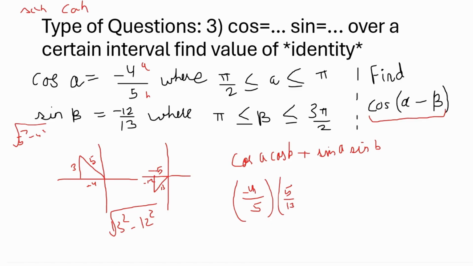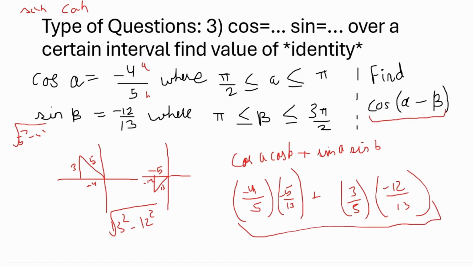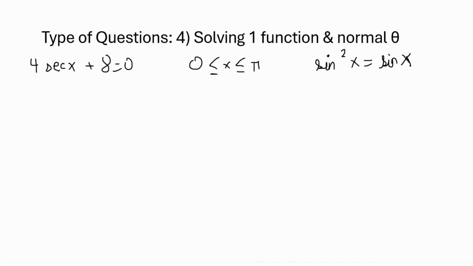Sorry, this is supposed to be negative 5 because of the quadrant. Then plus sine A, which we found is 3 over 5, and sine B is negative 12 over 13. Now you can just simplify it. I'm too lazy to do it, but this is how you do these types of questions.